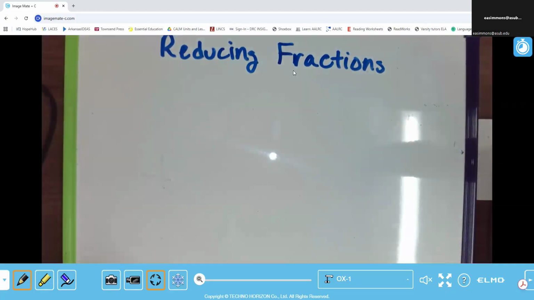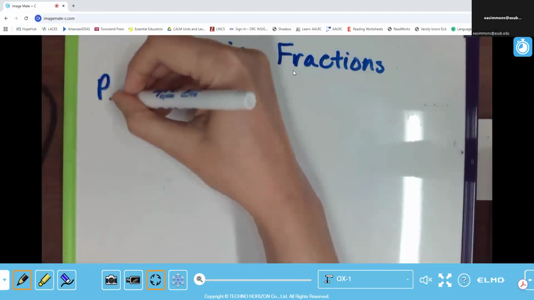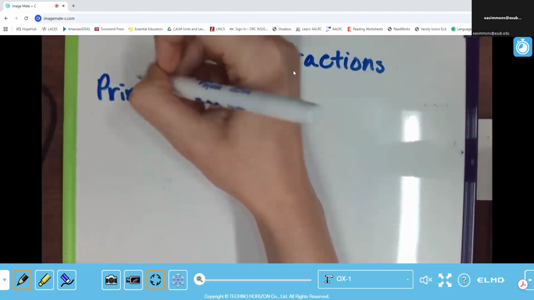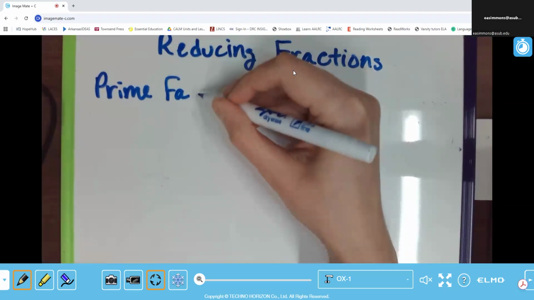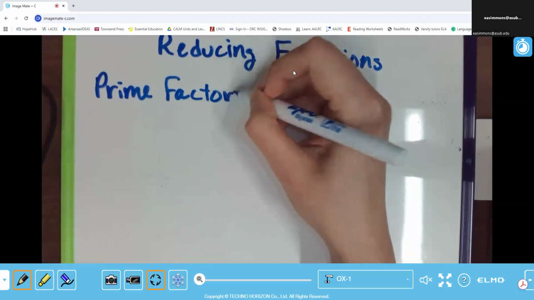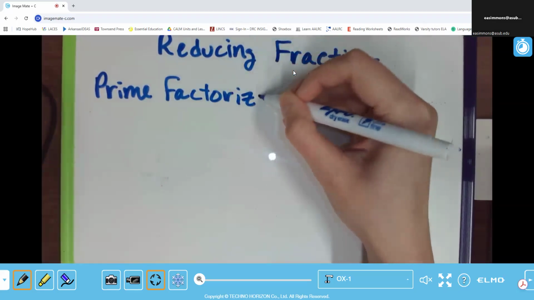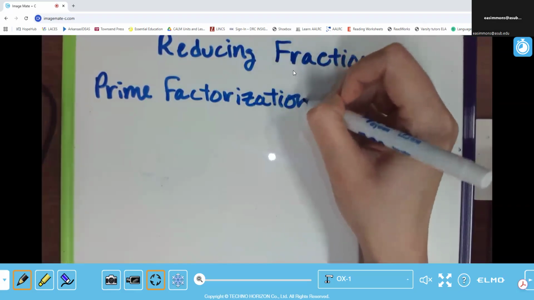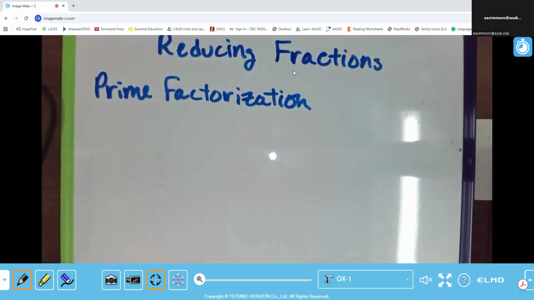So our other tactic we can use here is prime factorization. And I'll be honest, most of the time I use the recognizing common factors tactic over prime factorization because I just recognize numbers more often because I teach math.